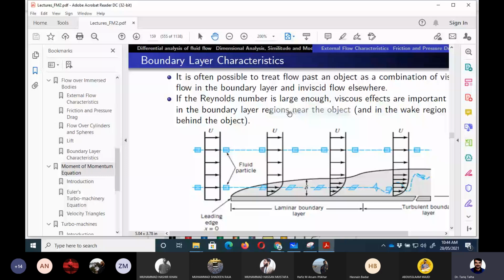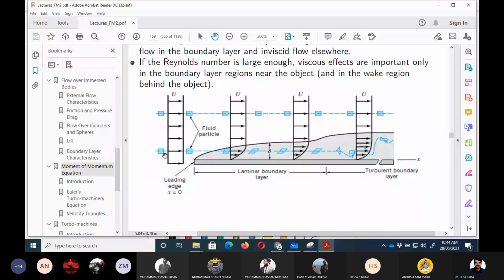Now you can see a fluid element shown by this blue square. If this fluid element is inside the inviscid flow, away from the wall, it retains its shape. There is no deformation of the element, because the velocity on the upper side of the fluid is the same as the velocity on the lower side.